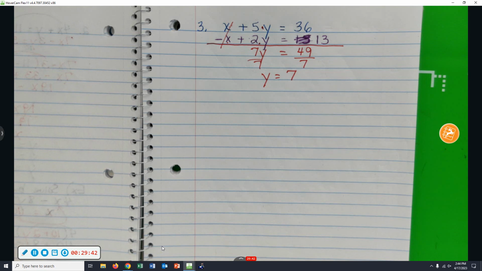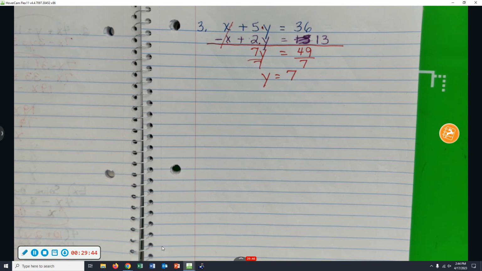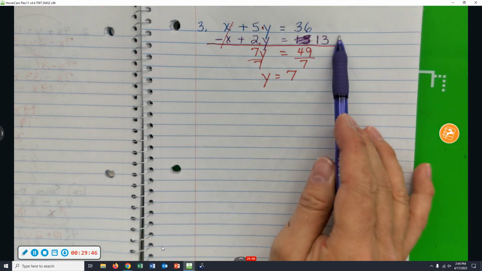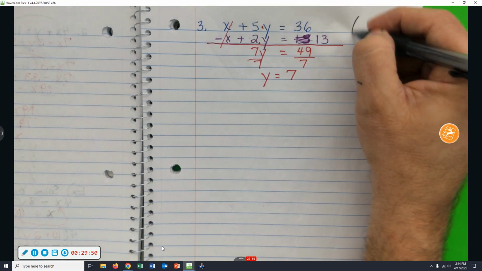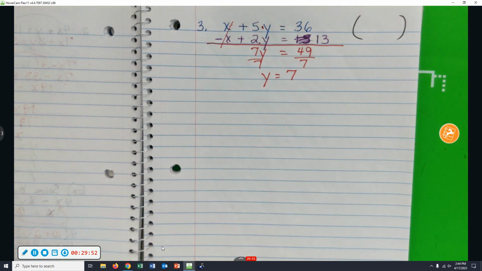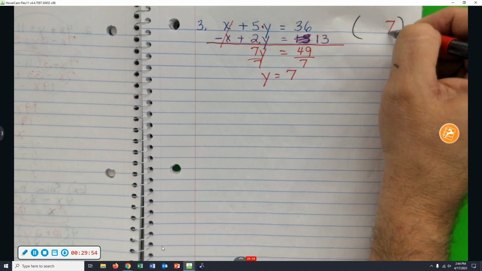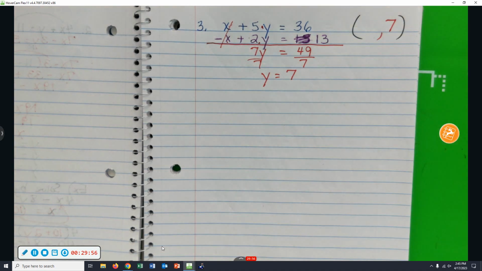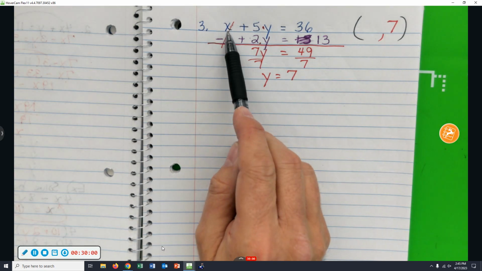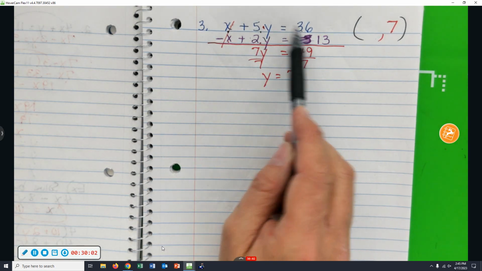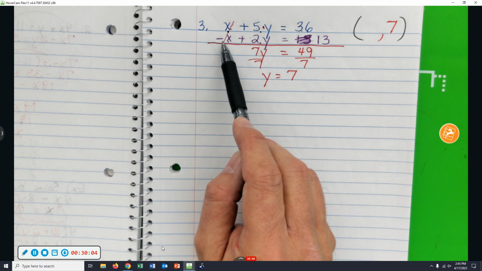Here, it's completely up to you which one of these you plug into. You have your answer for y. The answer for y is 7. Let's find x. I think I would use the first one. Why am I choosing that instead of the next one?